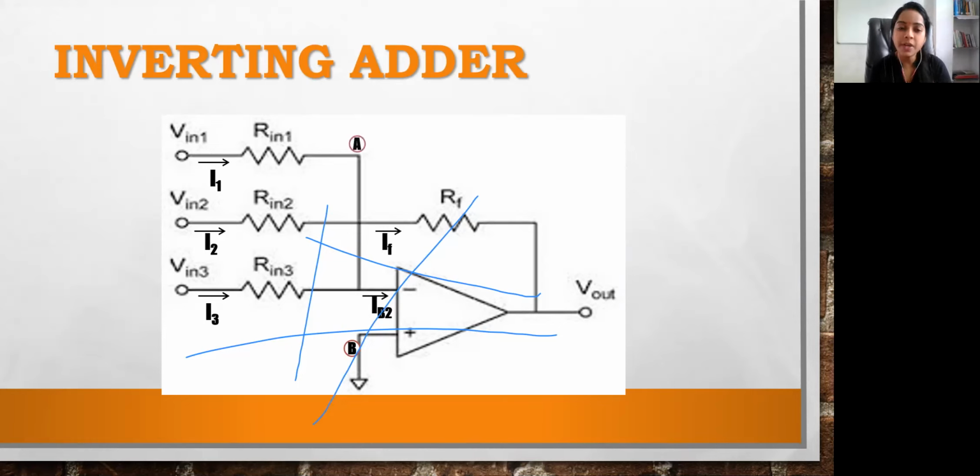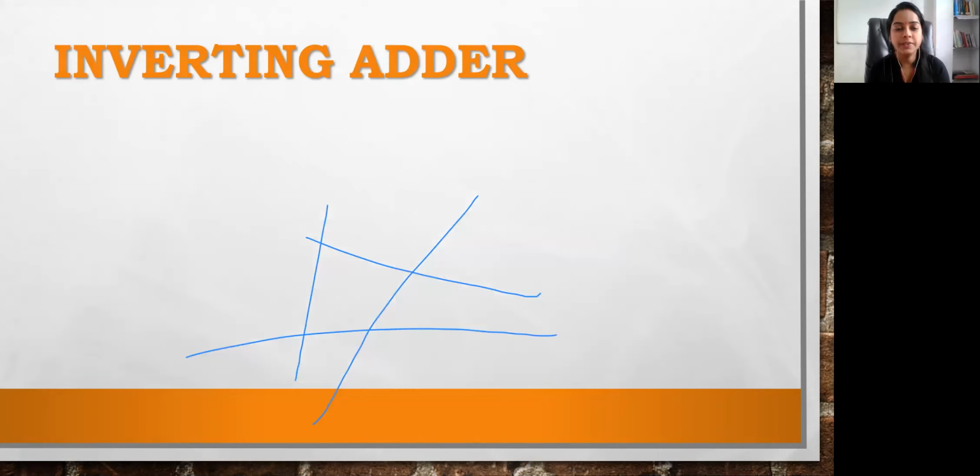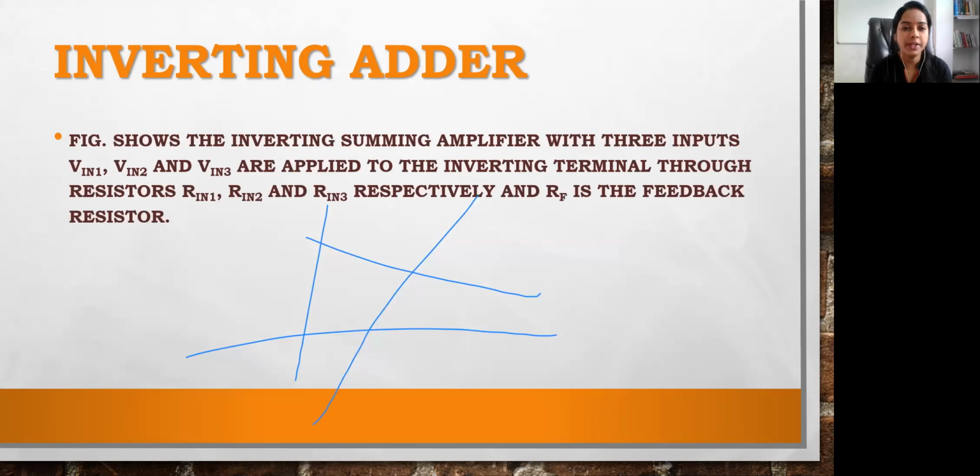So basically we have these different currents flowing in these directions. We will find the final current at the output end. We will do the derivation for this inverting adder, and we will also explain it.